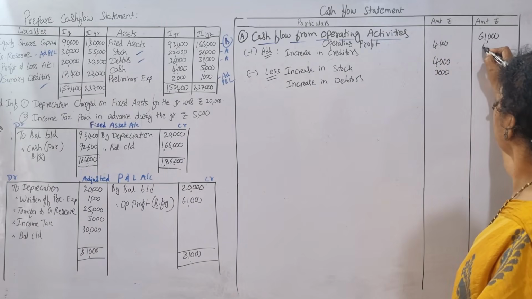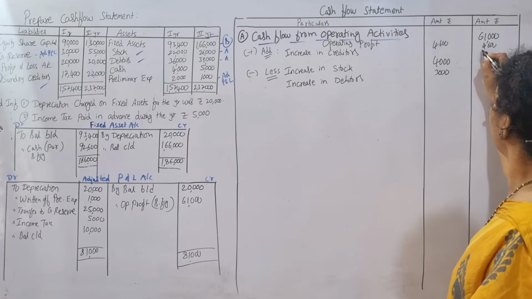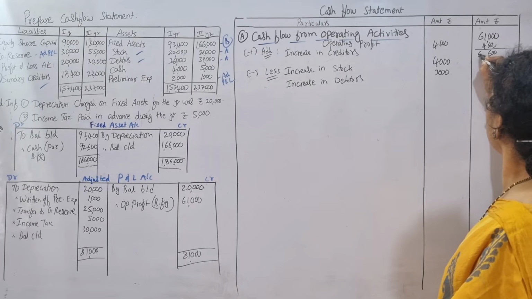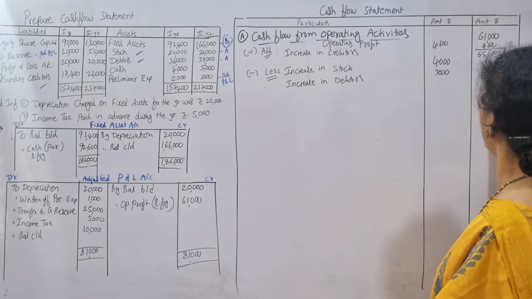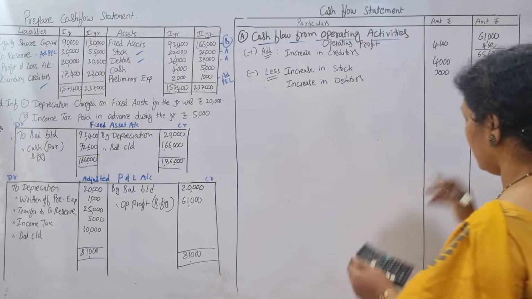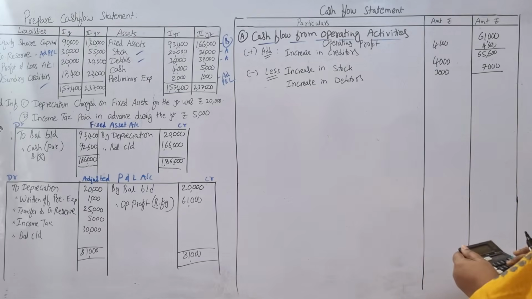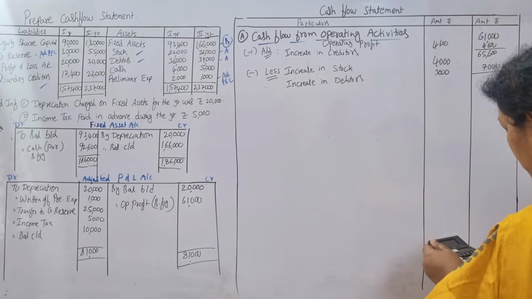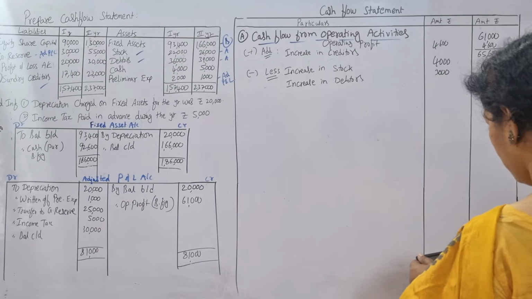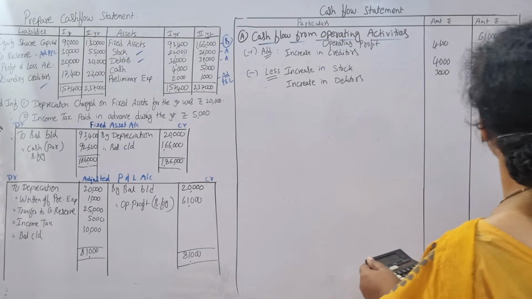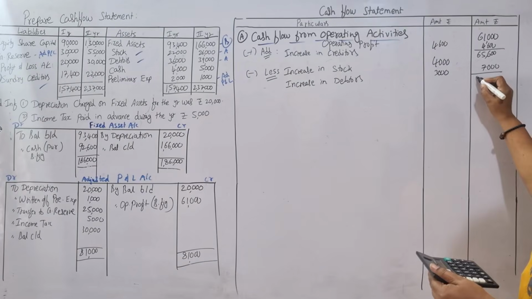So we'll add 4,600 here, and it comes to 65,600 minus 7,000. 65,600 minus 7,000. This comes to 58,600.